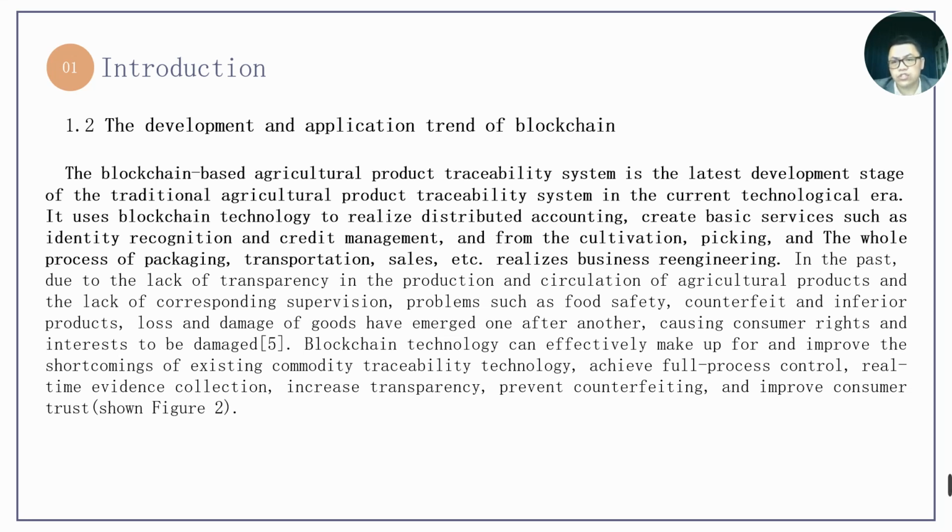It uses blockchain technology to realize distributed accounting, create basic services such as identity recognition and credit management, and from the cultivation, picking, and the whole processes of packaging, transportation, sales, etc., realize business re-engineering.